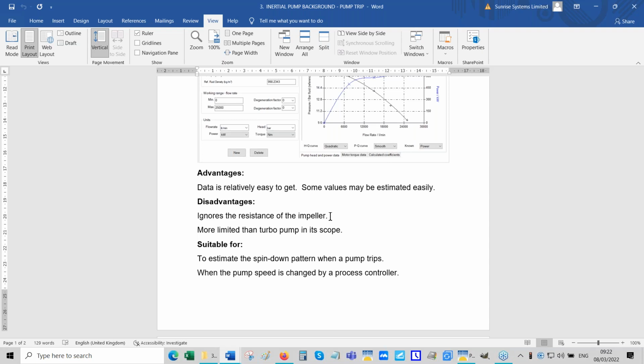Because if you want to calculate the vacuum breaker size and position and so on, or a tank that you may wish to place after the pump in order to stop cavitation occurring and stuff like that, we cannot use the inertial pump. It's more limited than the turbo pump, obviously.